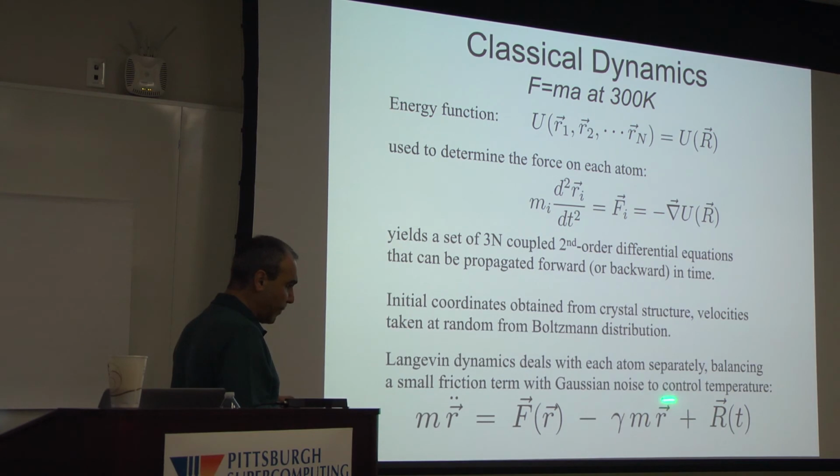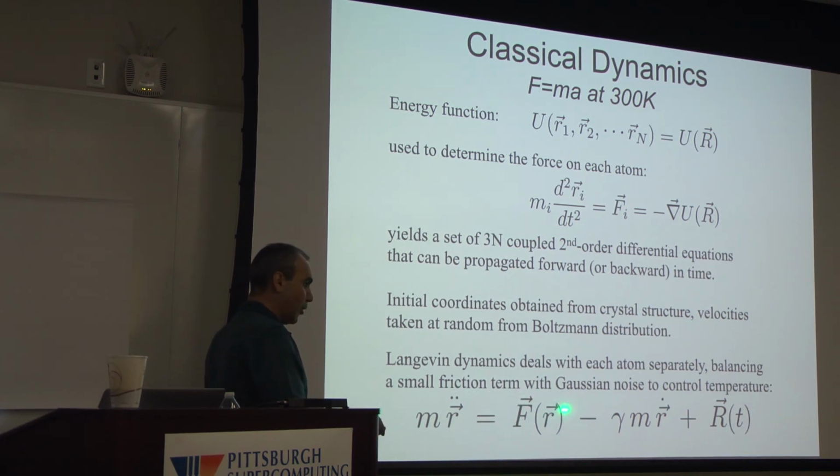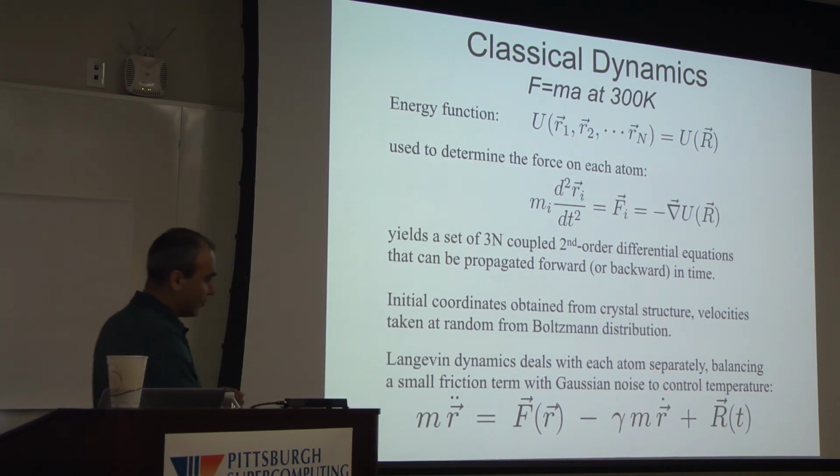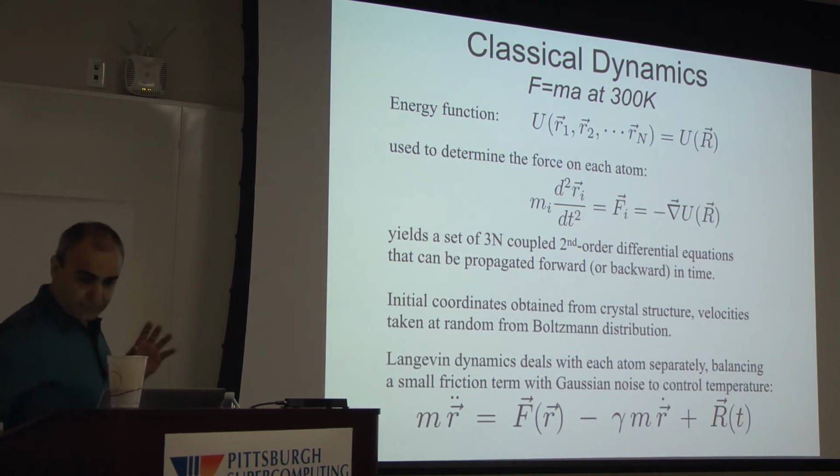So these two sort of balance each other nicely. You add these two to represent also the friction coming from the environment, and that allows us also to do some temperature control to the system. So the actual force of the system, the acceleration, also depends on the friction term and the random noise, just random kicks from the environment.